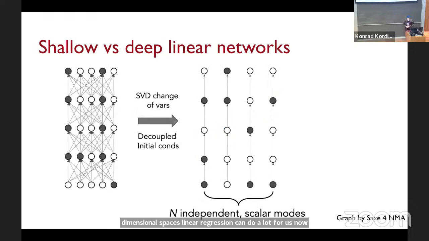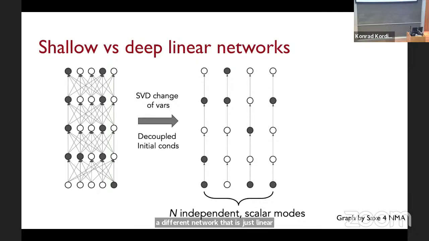Now, we also saw how we can use singular value decomposition to convert a linear neural network, as we have it to the left, with multiple linear layers doing stuff, into a different network that is just linear.